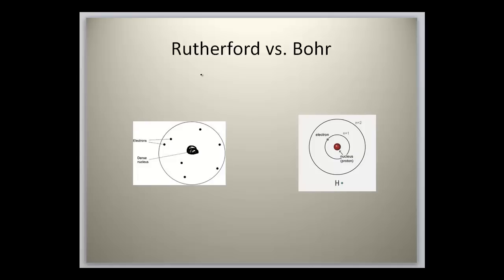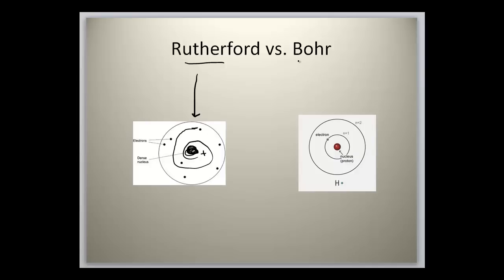And everybody knew, including Rutherford, that there was a problem here. In other words, if electrons are negatively charged, and he knew that nucleus was positively charged, these electrons would eventually lose energy and fall into the nucleus and annihilate each other. And Rutherford understood this problem, and he knew that this was going to be an issue.